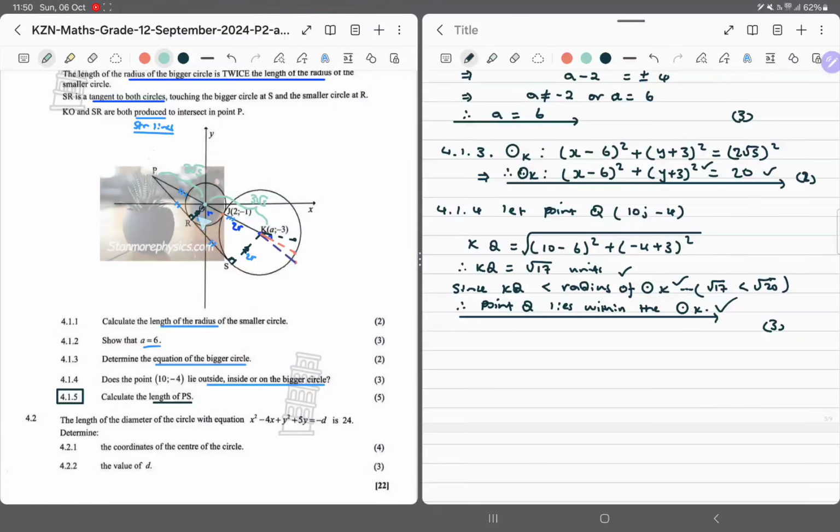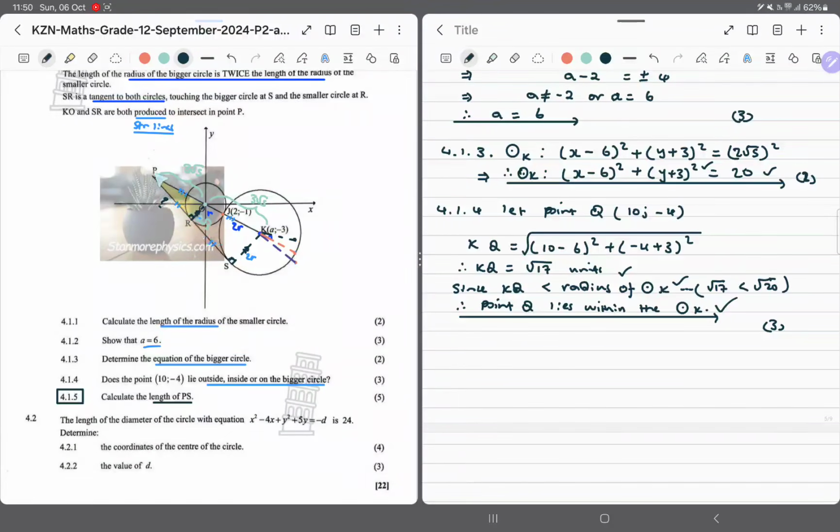We know that the radius is nothing but 2 root 5 over there. So if we look at that triangle, you will notice that this is a right-angled triangle. We know this side, we now know that side, then we can calculate PR.